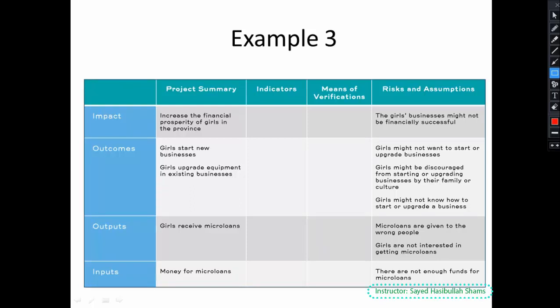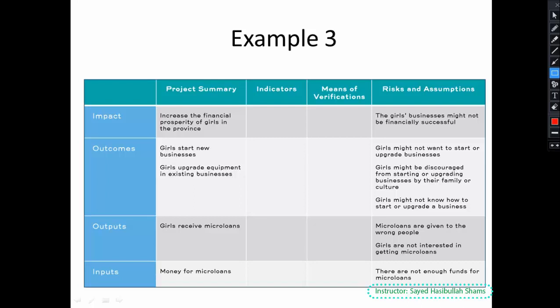We think negatively. Or also microloans are given to the wrong people, and we have created here risks and assumptions, and girls are not interested in getting microloans.